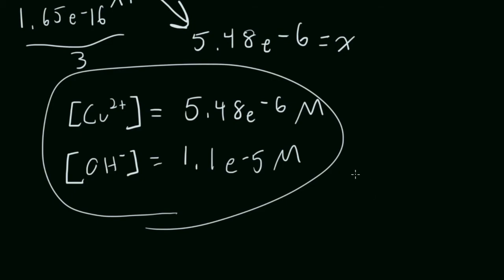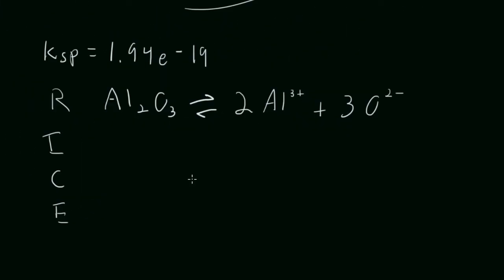Let's try one more that is very complex. So I've got aluminum oxide here breaking up. Remember, this is a solid, so it's not included in our solubility expression. I have an initial concentration of 0. For all of these, it's going to be 0.